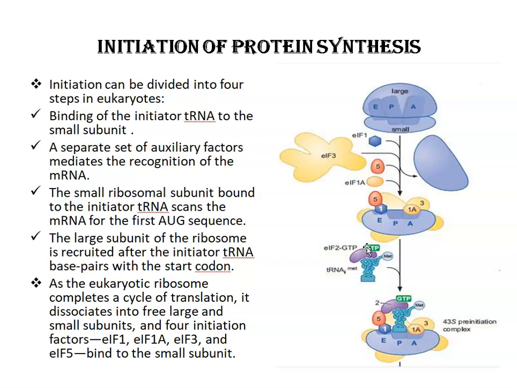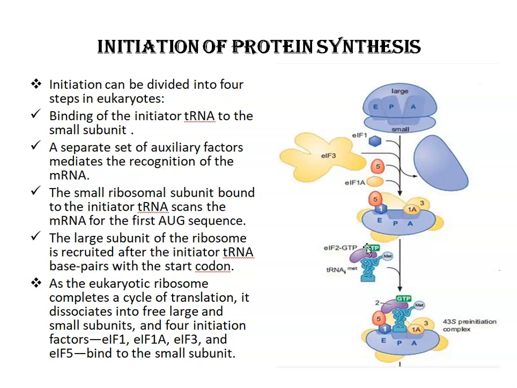The initiator tRNA is charged with methionine, because in the case of eukaryotes, tRNA is charged with methionine, not with N-formyl methionine as in the case of prokaryotes. So it's referred to as the methionyl tRNA complex.